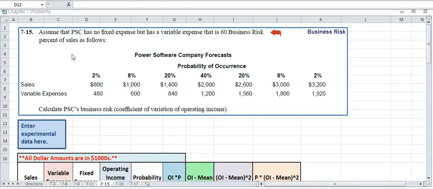In this video, we are looking at problem 715, where we're going to be calculating the business risk of a firm. Before we get into this, I want to talk a little bit about business risk.